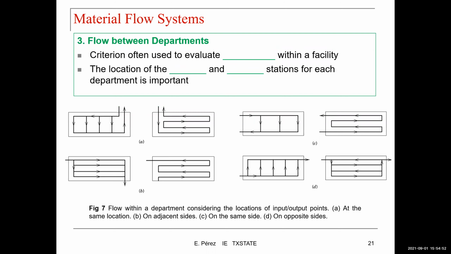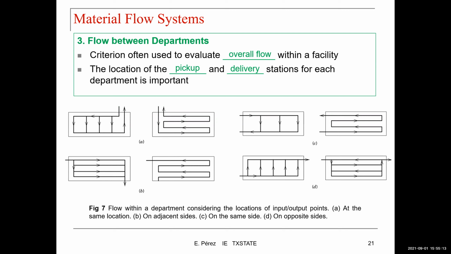And then the last one, which is the flow between departments, is a criterion often used to evaluate overall flow between or within a facility. The location of the pickup and delivery stations for each department is important. So why is that important?